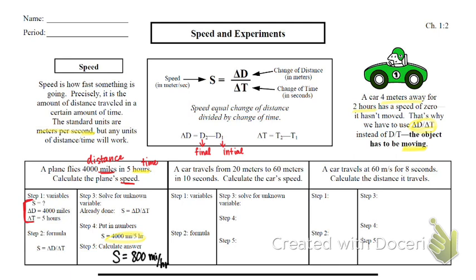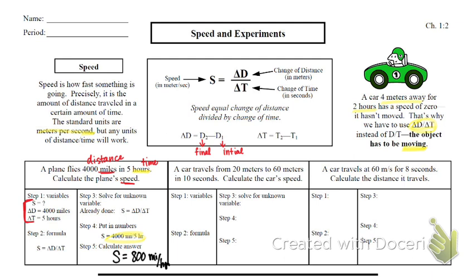So make sure you've got units on here to make them correct. Questions about that? Pretty simple, what we did yesterday too. Is that HR for hour? The box kind of cuts it off.